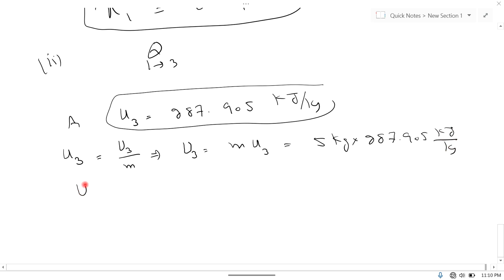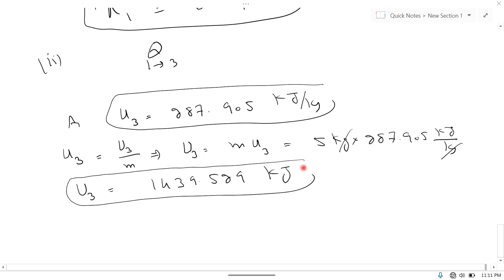So total internal energy at state 3 is 5 multiplied by 287.905, which is equal to 1439.525 kilojoule. This is kilojoule because kilogram is cancelled with kilogram.